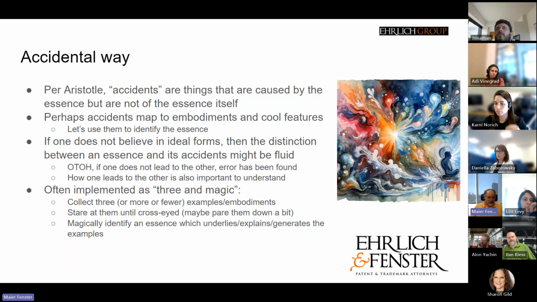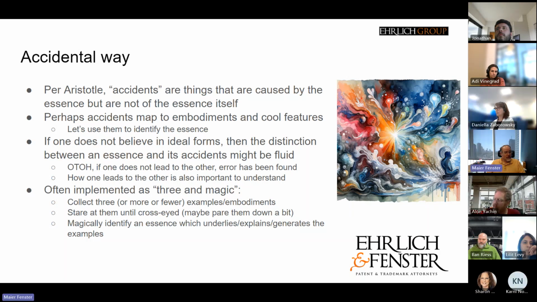Now, unlike Aristotle and Plato and all those people, we don't believe in ideal forms. We believe in inventions. So the distinction between an essence and the accidents is kind of fluid. In fact, it's so fluid that if you can't get from one to another, then you're making a mistake.